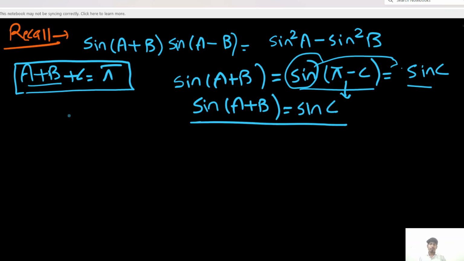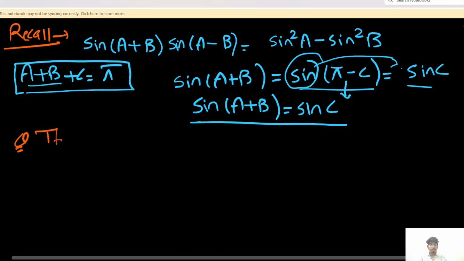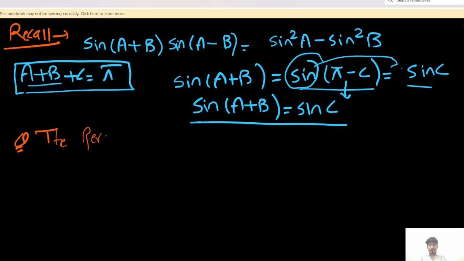Now we do a question based on this formula. One minute, I will put the question.